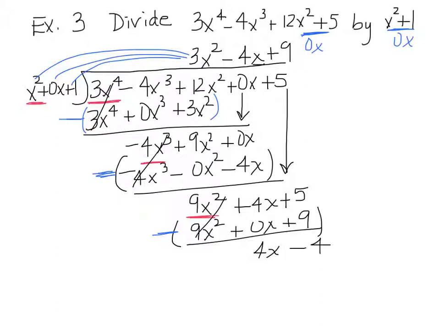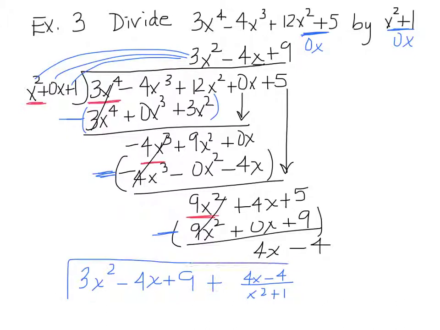Once you get to the point where the degree of the remainder is less than the degree of the divisor, you immediately stop because you can't go anymore. So when you write your answer, it's your quotient plus your remainder over your divisor. And then you're done.